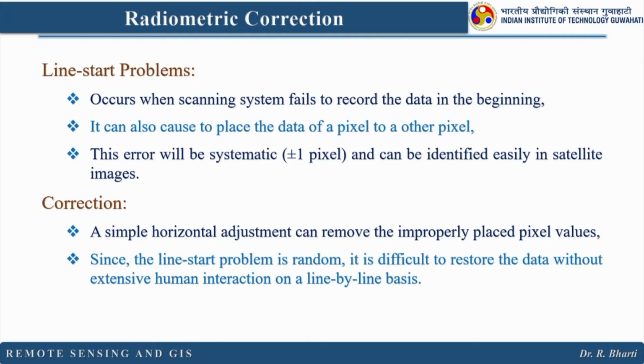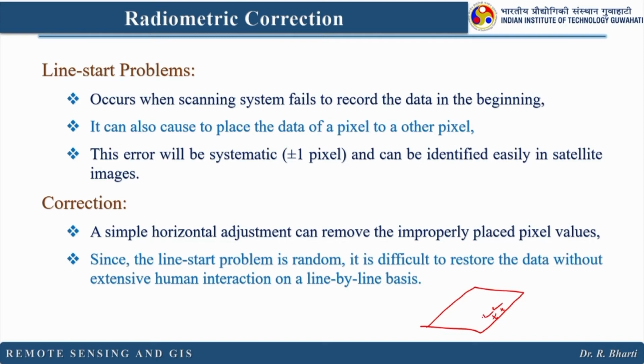So what is happening here, when we are having this particular image, we don't know whether this particular pixel value was supposed to be here but it is placed here, right, similarly here. So how do we know?